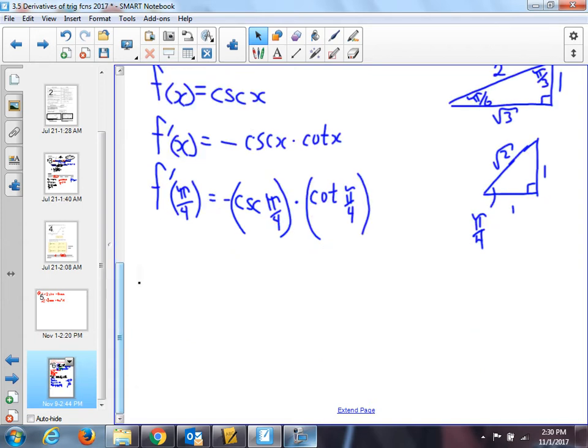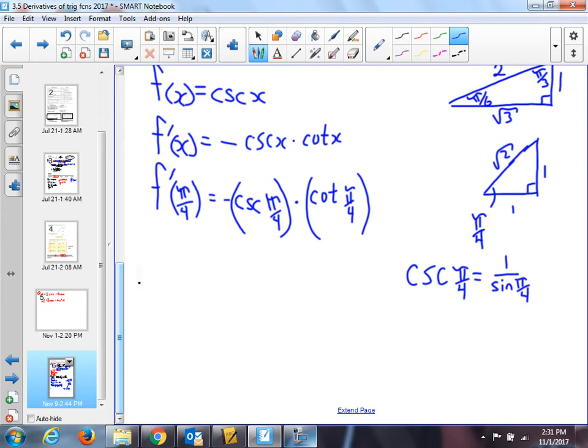So just as an aside, cosecant of pi quarters is the same as the reciprocal of sine pi quarters, right? Now in this particular one, even if you had mistakenly put down cosine, you still would have gotten the right answer, wouldn't you? Because what is the sine of pi quarters? 1 over root 2, right?